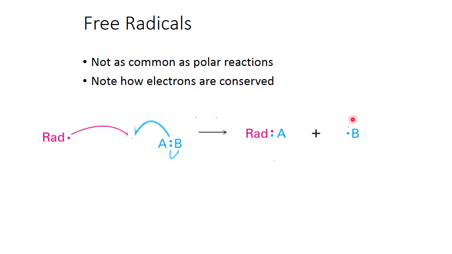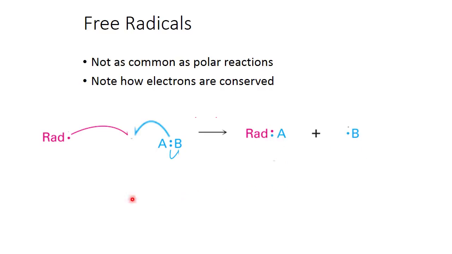And so what you end up with is a free radical bound to one atom. And then notice what is left over. This electron has to go somewhere, so it jumps onto B as a non-bonding free electron, or a free radical. So see the conservation of electrons?